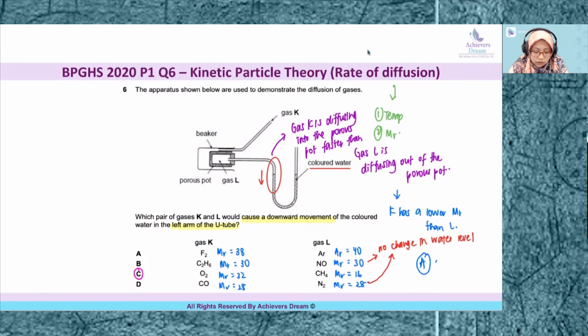K being a gas that has a higher molecular mass than L, methane, you will observe a rise or an upward movement on the left arm of the U-tube. Okay, that is why your answer is A.